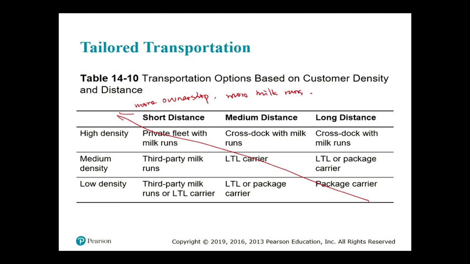So, as density increases, it makes more economic sense to do milk runs. And as the distances decrease, it also makes more sense to do milk runs rather than use dedicated trucks.